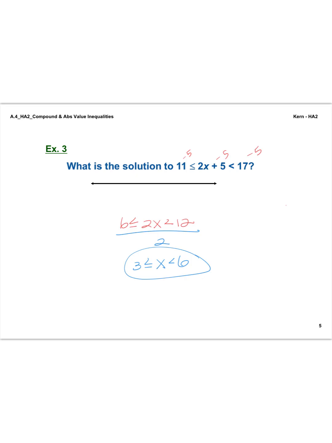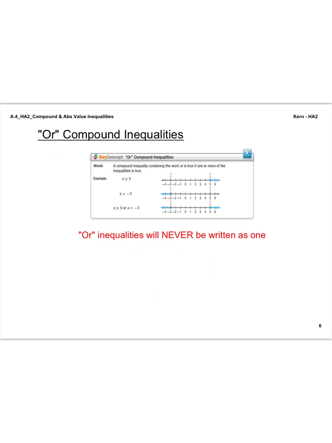Here's my answer. 0, 3, 6. Closed at 3. Open at 6. Bigger than 3 and less than 6. So we go in the middle. Bracket 3, 6, parentheses.